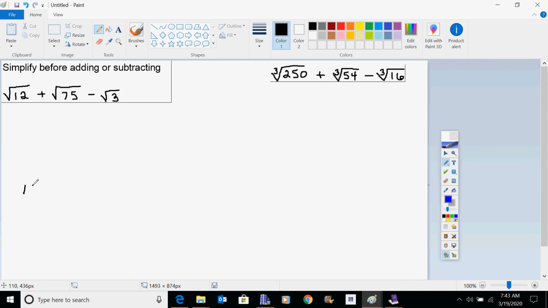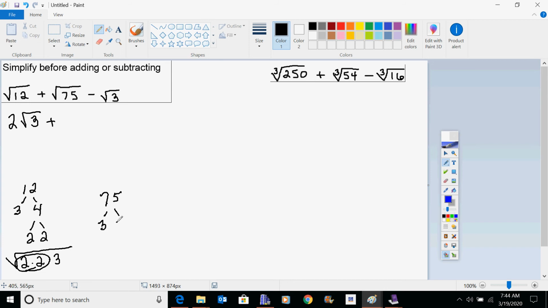So I'm going to take my 12 and I'm going to prime factor it like we're used to. 3 and 4, 2 and 2. So when you simplify this out, we have a pair of 2's and a 3. Some of this you're hopefully able to do mentally by now. So we end up with 2 times the square root of 3. 75 breaks down into 3 times 25. Think money. That sometimes helps out. And 5 and 5.